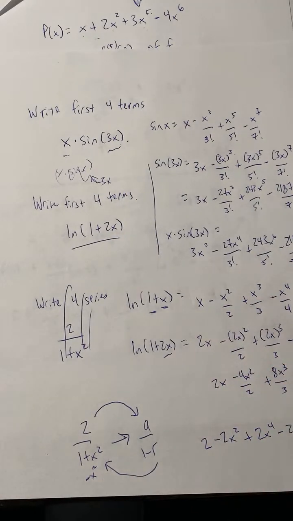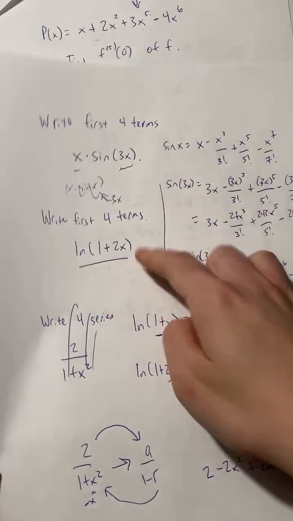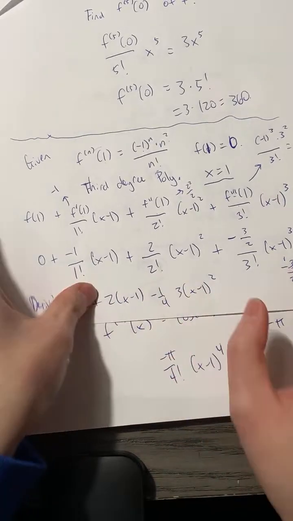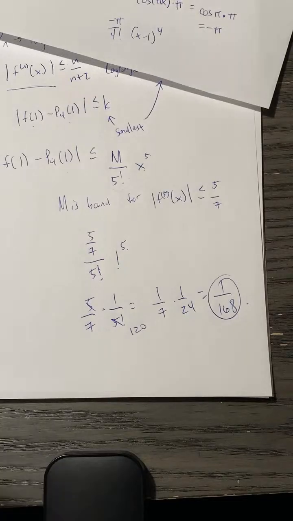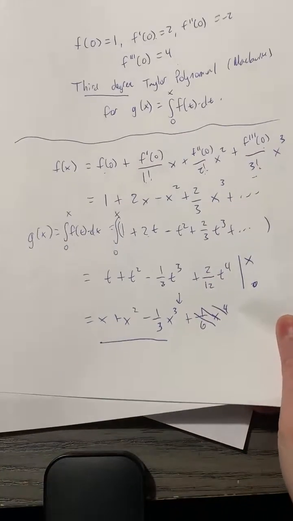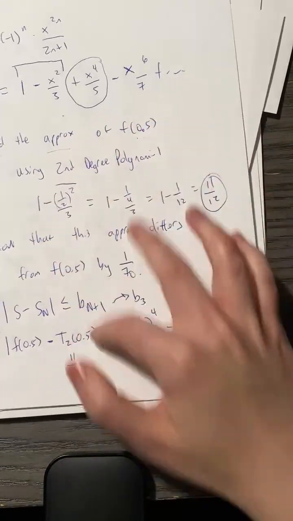Then part B and C can really be any game, but usually it's maybe plug in some more, or it might be take a derivative, or take an integral. And then it might be error bound. Error bound appears a lot in all these problems.